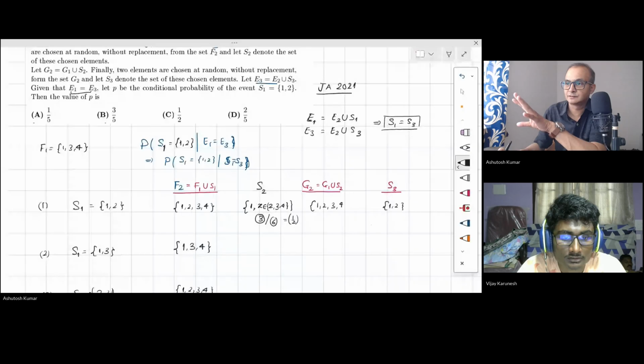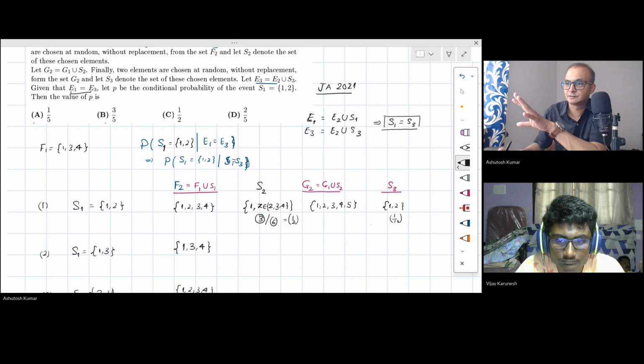Now, out of this {1, 2, 3, 4, 5}, whatever happens, I have to have {1, 2} only, the subset. So what is the number of ways of doing this? Out of 5 you are choosing 2, but the favorable outcome is only 1, that is {1, 2}. So it is 1 by 5C2, which is 1 by 10. This is the probability we got.